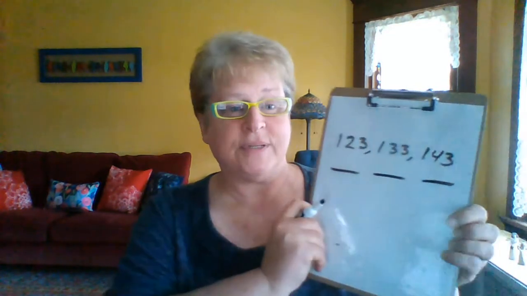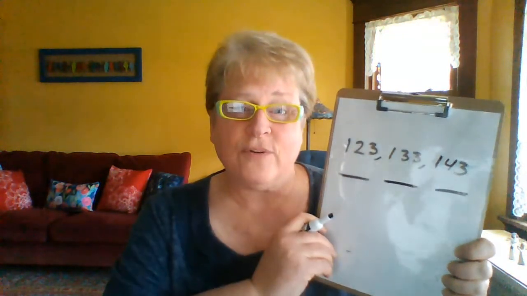Let's try a couple more problems together. If we want to figure out what the next number is in sequence, again, we're going to be looking at whether we change the 100 or whether we change the 10. So let me write down some numbers. We have 123, 133, 143, and I want to write the next 3 numbers down.